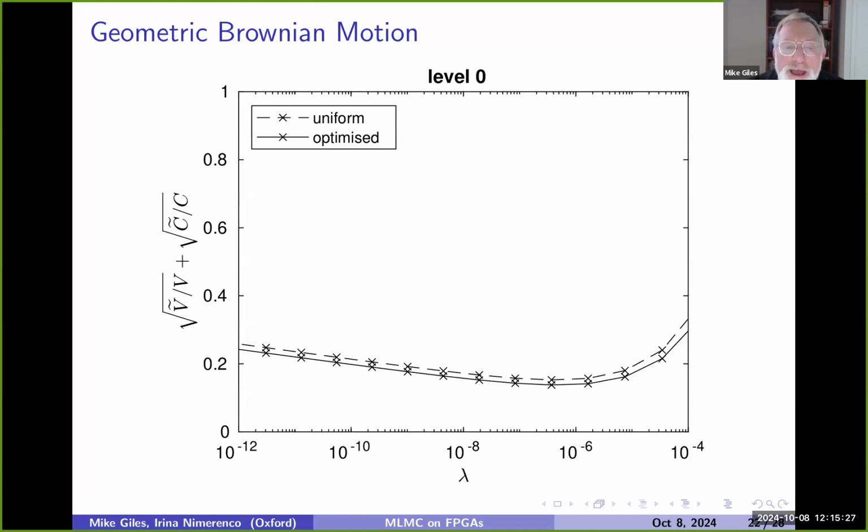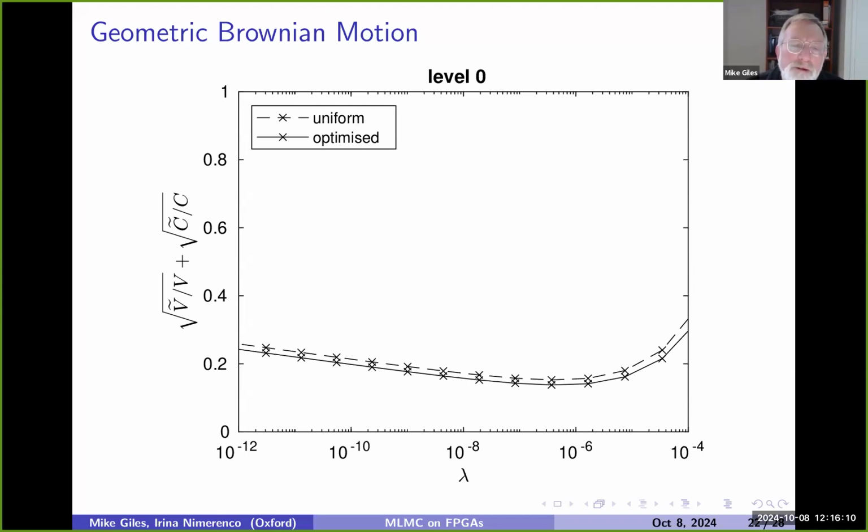Okay, so now here are some comparisons. So this is how that quantity behaves as a function of lambda. And so it gives you an idea of what we're having to do for the optimization process, that we're trying to find the minimum. The dashed line there is what happens if, rather than optimizing each variable independently, we just say that all variables have the same number of bits. Okay. So what it shows you is that on level 0, there's really only modest benefits from doing the optimization.